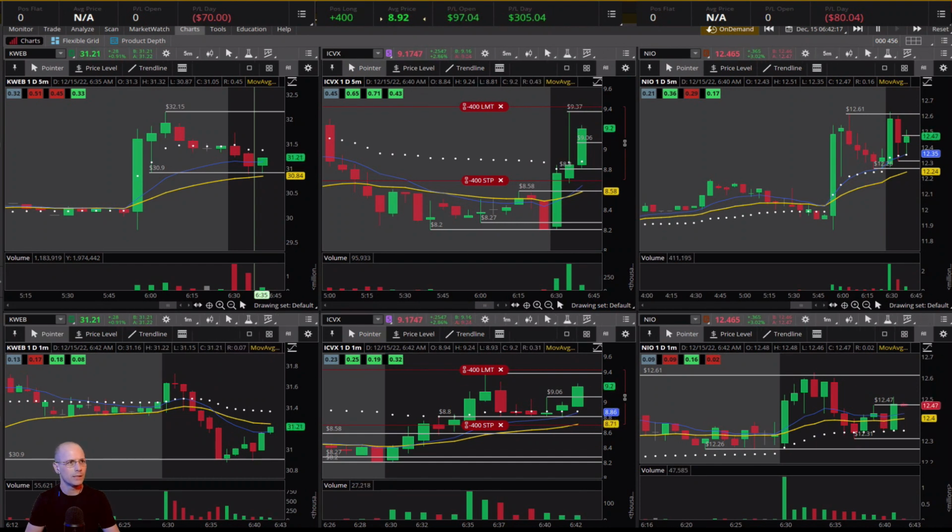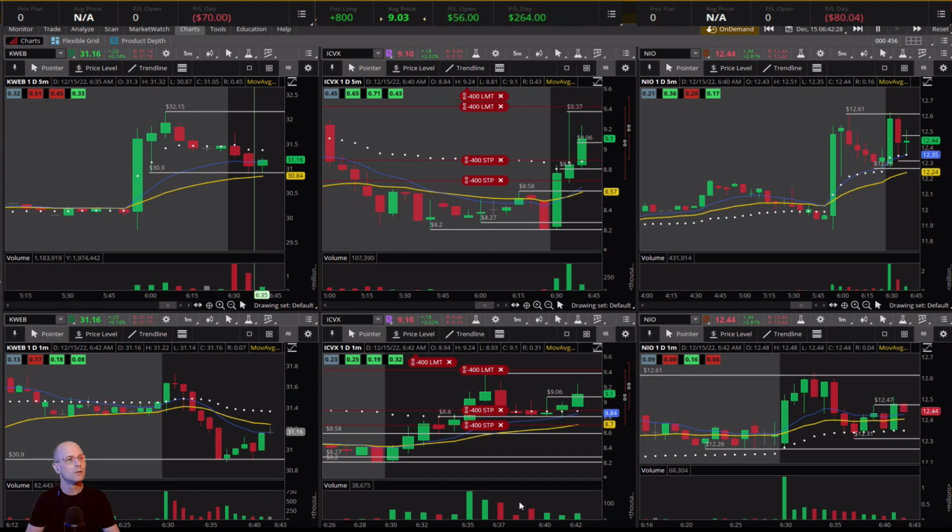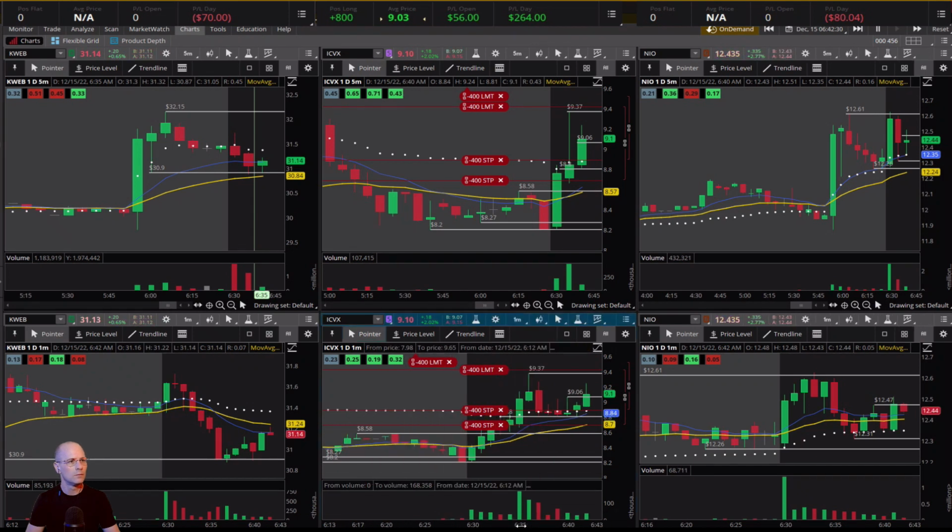I'm more interested in ICVX. Bought a dip there on ICVX. So you see we had that higher low, lower high, double bottom, and now breaking out of that tightening range.